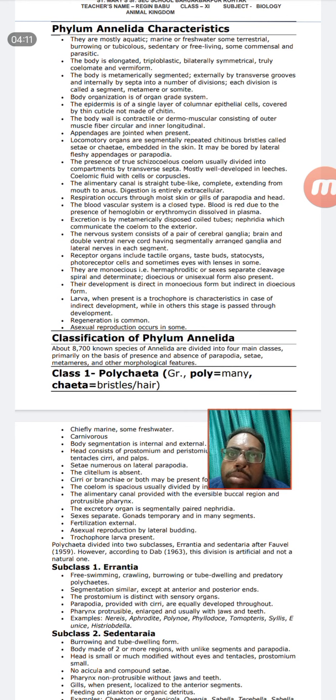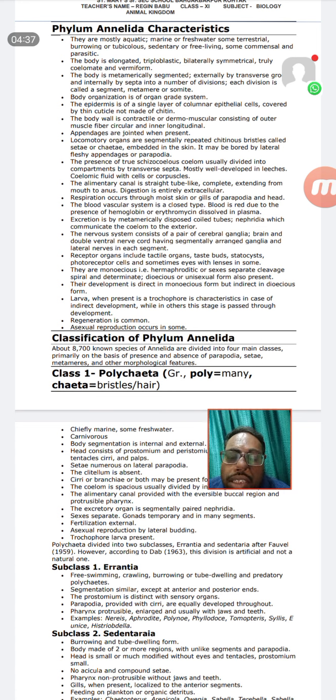Locomotory organs, mainly they have setae. Setae means very small cilia-like structures that come out from the body. Some of these organisms have a well developed mouth, and some of them are parasitic in nature, and their digestion is extracellular.